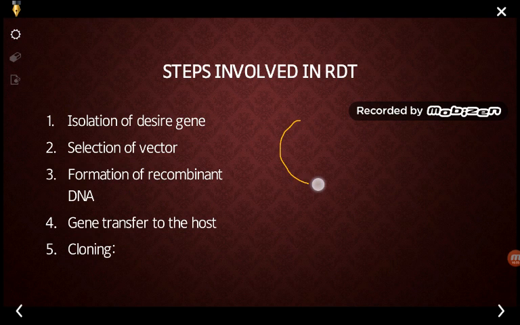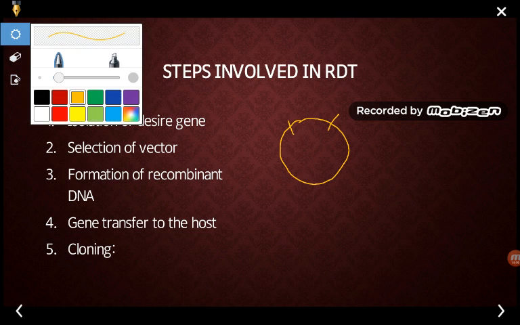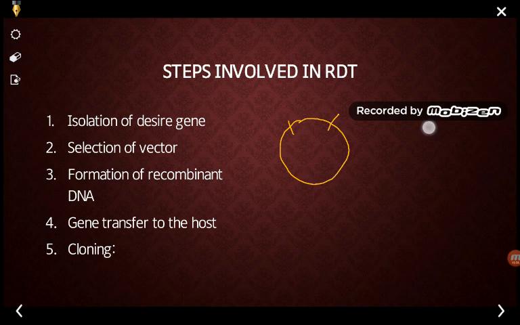So consider, this is the desired gene which we want. This is the vector plasmid. Now what we are going to do is replace this part over here.